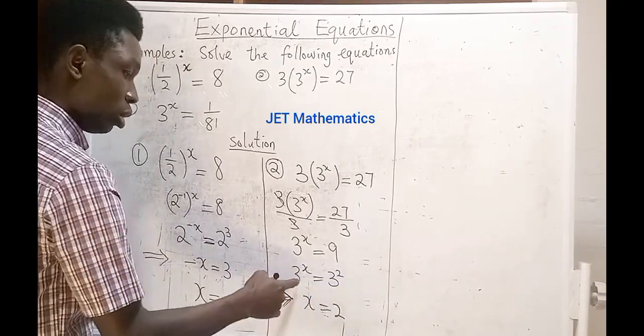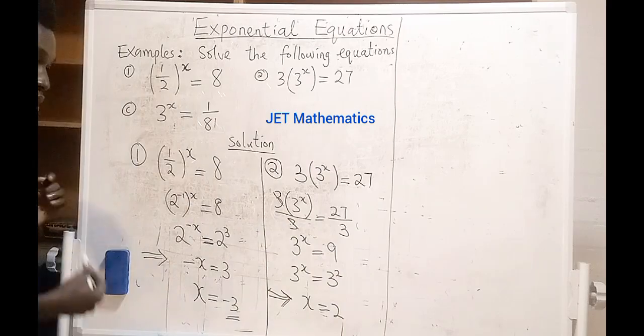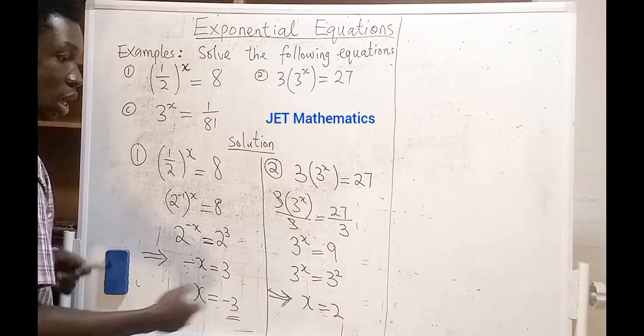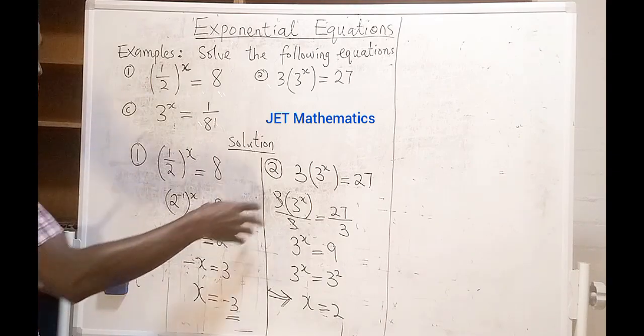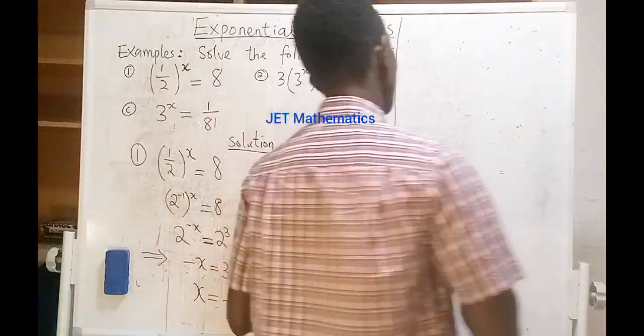If here is 3, here is 3, then the power here will be equal to the power here. So that settles it. But we can also use another approach to solve this problem.